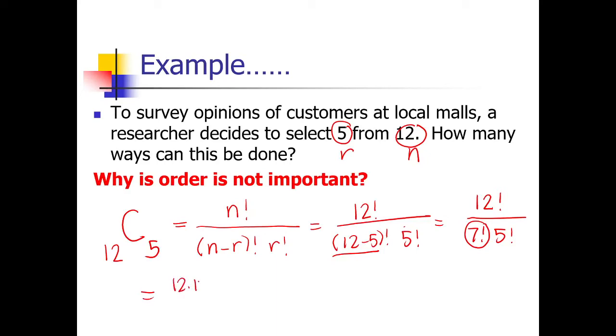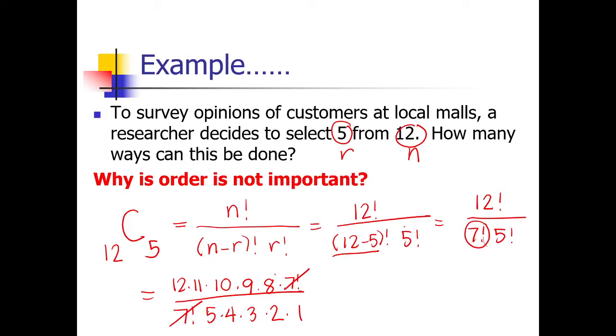12 times 11 times 10 times 9 times 8 times 7 factorial all over 7 factorial. Then I will simplify 5 factorial: 5, 4, 3, 2, 1. So I'll cancel 7 factorial.